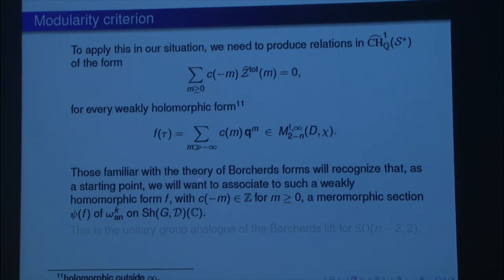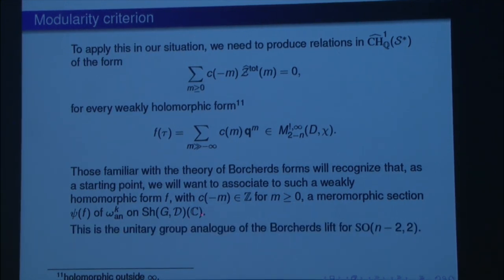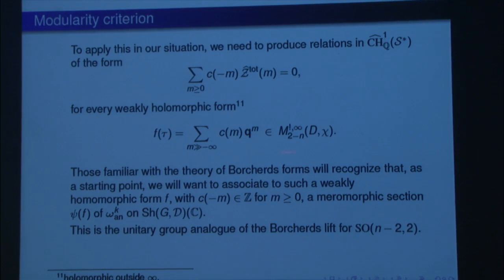Well, as I say here, Borcherds had already constructed, if you take a form of this nature and you assume that the coefficients are integers, the non-positive ones, including the constant term, are integers or rational numbers which you can clear, what you get out of it is a meromorphic section of this bundle. This is basically what Borcherds did. Now, here I'm stating a unitary group analog of what Borcherds actually did. His input was similar, but he was on the orthogonal Shimura variety, and we're on the unitary Shimura variety. But otherwise, it's the same.